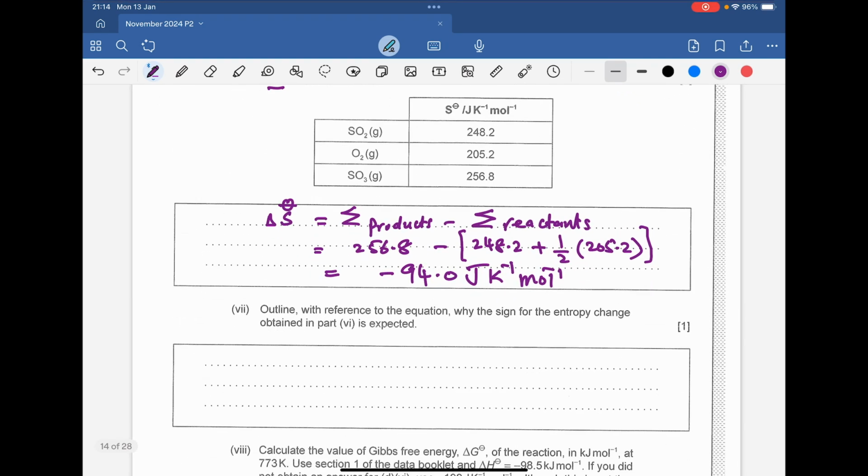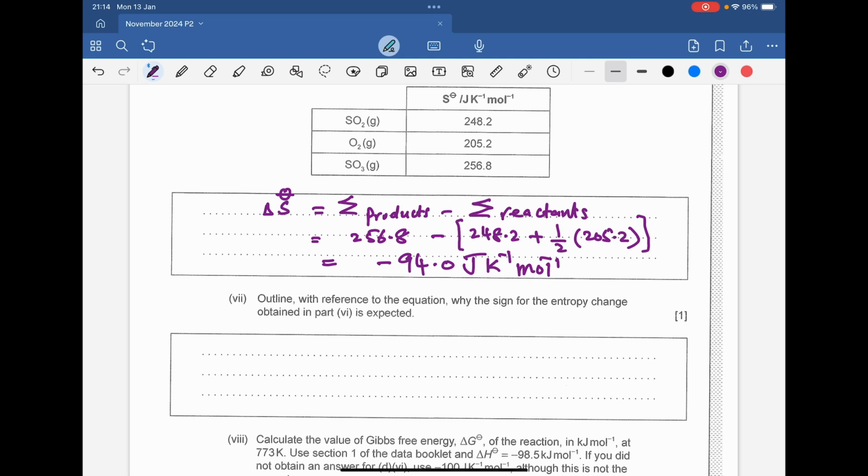Let's move to the next part of the question. Outline with reference to equation why the sign for the entropy change obtained in part 6 is expected. So let's write down the equation: SO2 gas plus half oxygen gas forming SO3 gas. We can see we have 1.5 moles of reactant gases and 1 mole of product. So the system is moving from disorderliness to order.